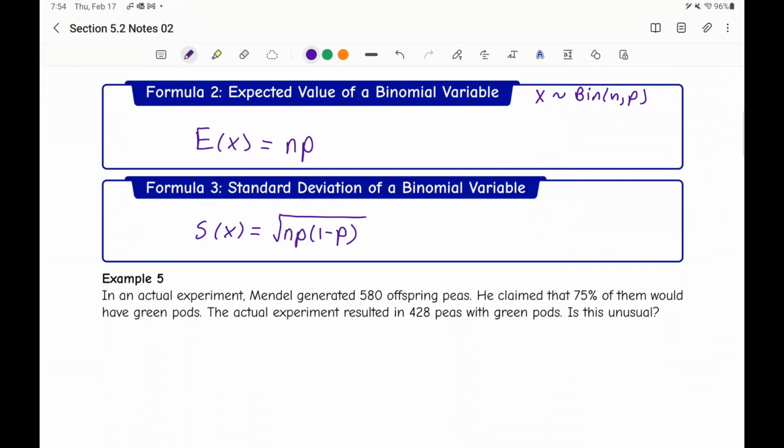To figure out if this was unusual, you could try to see what's the probability that X is less than or equal to 428.